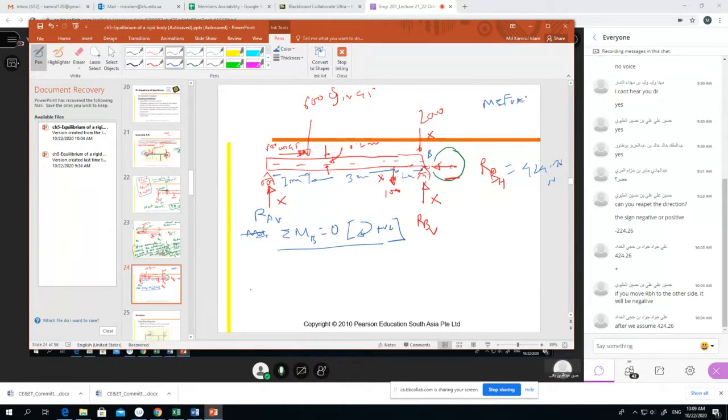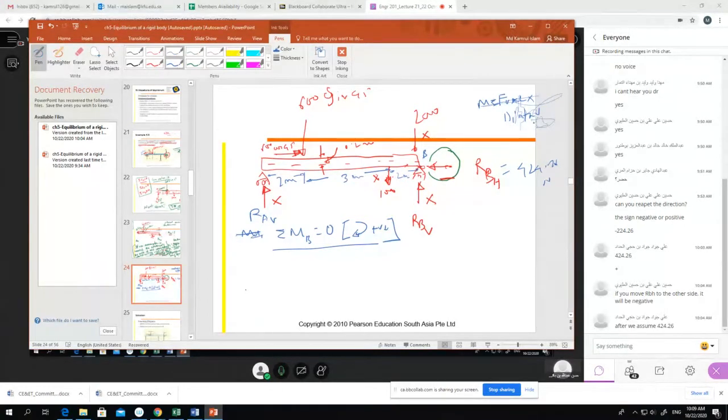Moment equals force into distance. You already know moment is equal to force into distance, right? So here, how many forces do we have? We have RBH, okay, force. We have RBV. Then we have 100 force. First we write down all the forces.